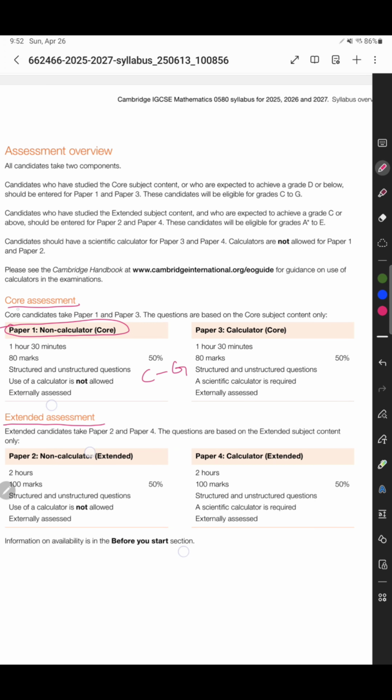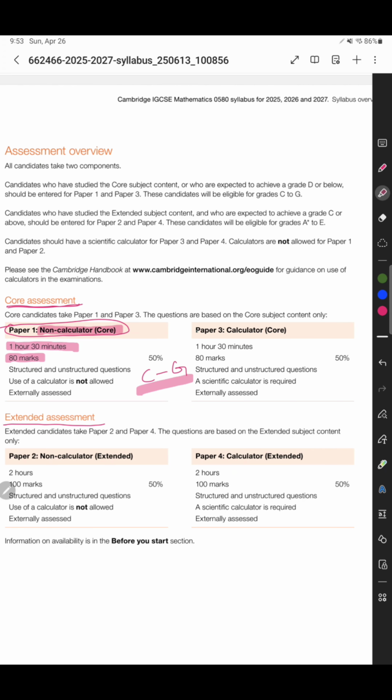Let's look at the core assessment for now. If you studied the core content or you are targeting grades from C to G, you will take paper 1 and paper 3. Paper 1 is a non-calculator paper. It's a 1 hour 30 minutes examination and worth 80 marks.